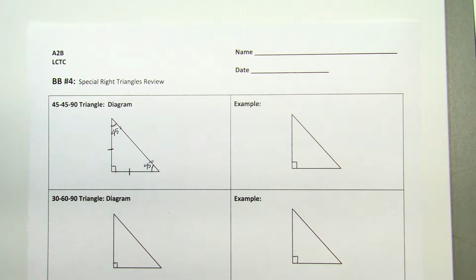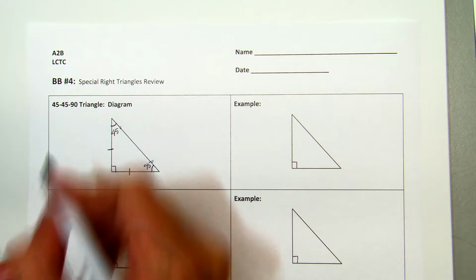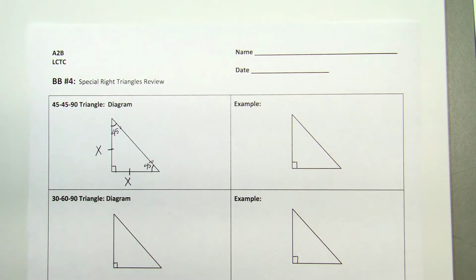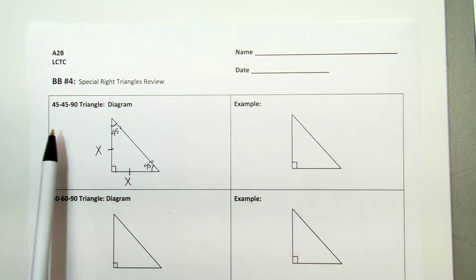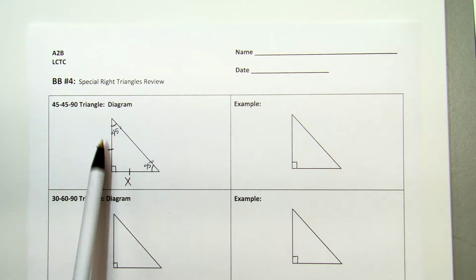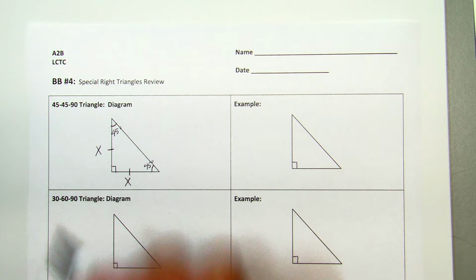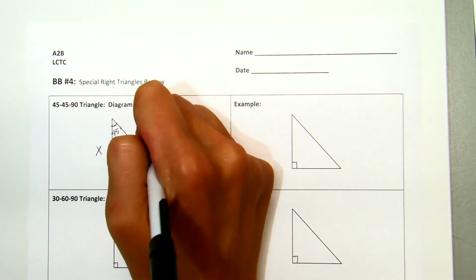So for the general form of a 45-45-90 degree triangle, we're going to call these two sides x. The proportion that's always going to hold true in a 45-45-90 is that if these two angles are both 45, these two side lengths are always going to be equal, and your hypotenuse is always going to be x times the square root of 2.